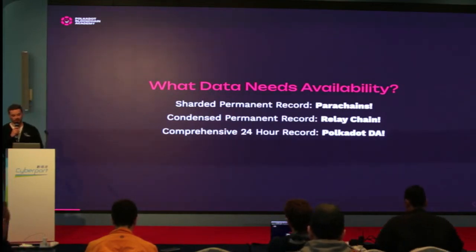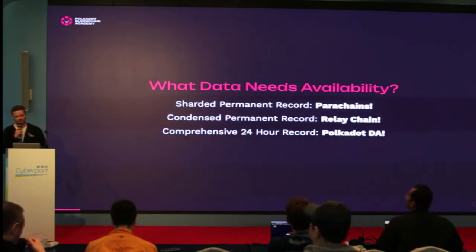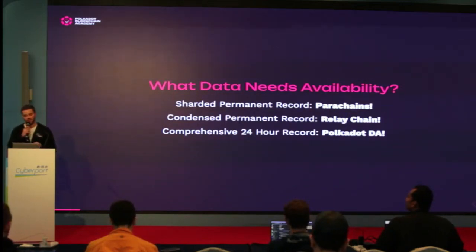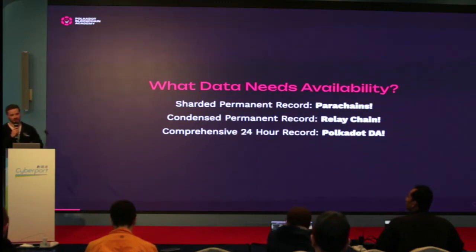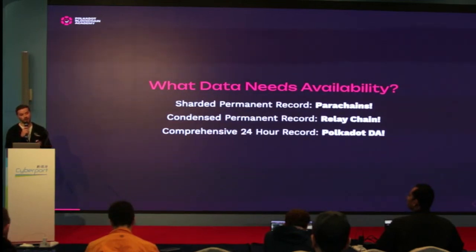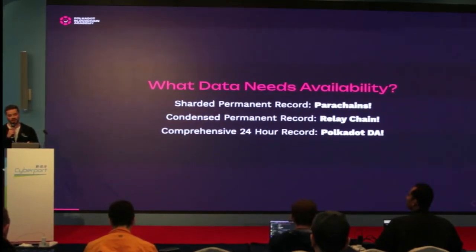So again, most of the data that we're dealing with, we want to take advantage of sharding, right? So that's going to live on parachains. But then we have this condensed data, hashes and commitments and whatnot, that's going to live on the relay chain in a permanent record. But we have this third kind of data, which is this comprehensive 24-hour record, and we need that information.